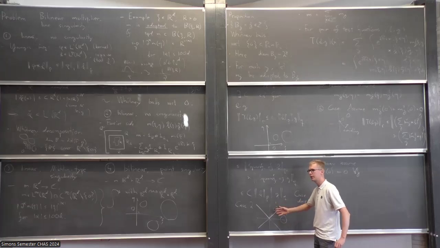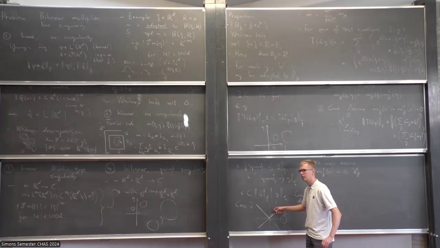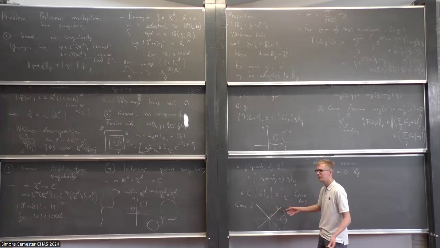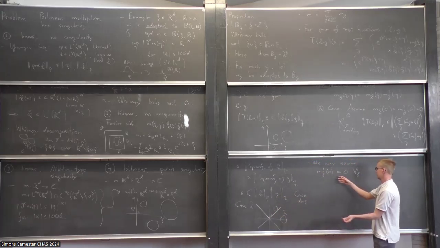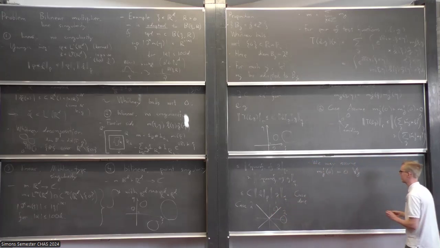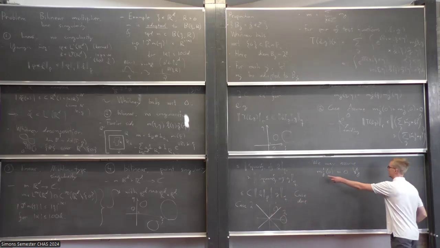Because if both projections contain zero, zero would be inside the ball, and that's not possible for a Whitney ball. So that's why at least one projection must exclude the origin. And then we can just divide these balls into two families. In one of them we can say this, in the other one we can say the other case. But all in all, we can always assume this.